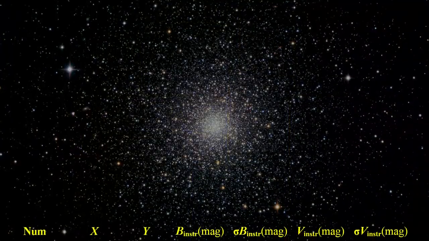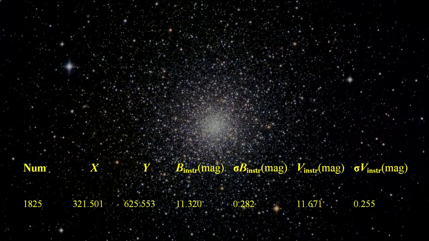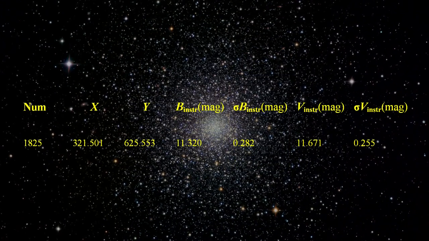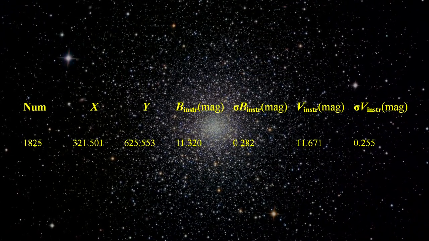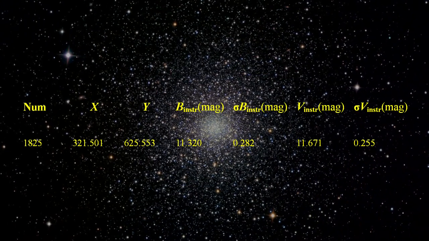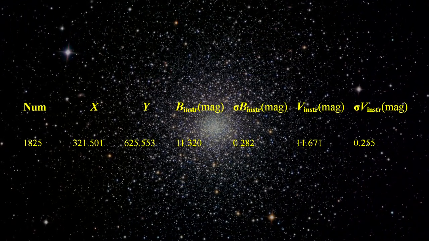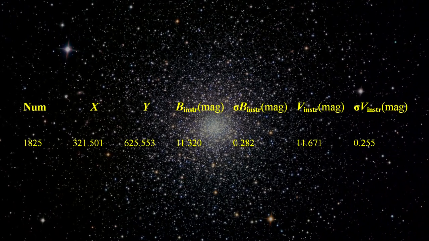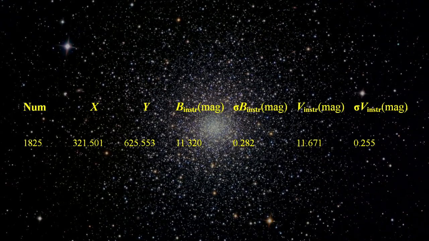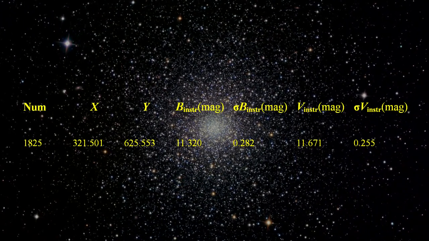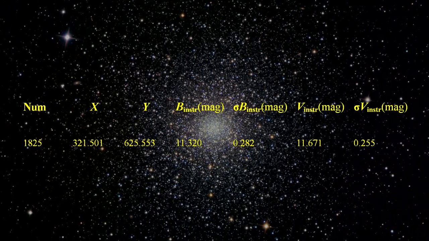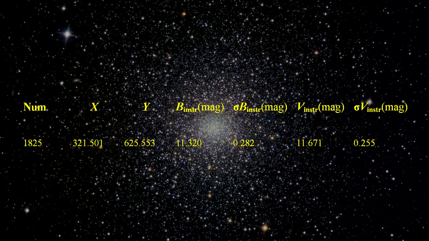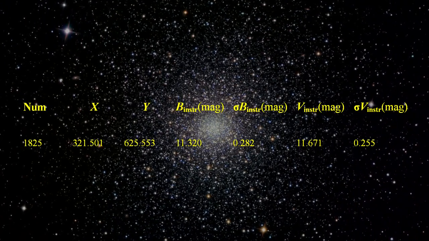The final output should be an ASCII file with the ID number, the X and Y coordinates of the matched stars, the B magnitude of the star, its error, and the V magnitude and its error. You should add a column with the difference between the two magnitudes, that is, the color index B minus V. The running number and the X and Y coordinates will correspond to one of the frames, say the V frame, which will be your master frame.